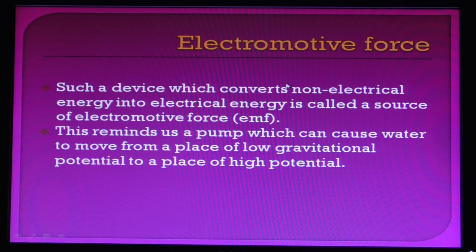Such a device which converts non-electrical energy into electrical energy is called a source of electromotive force. And the abbreviation for electromotive force is EMF. Electromotive force is basically an energy source which is provided to the charges.